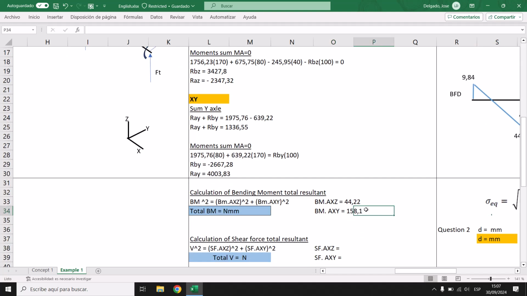Then we should apply Pythagoras, how do you say it in English? You understand me, yeah? It's going to be in millimeters.